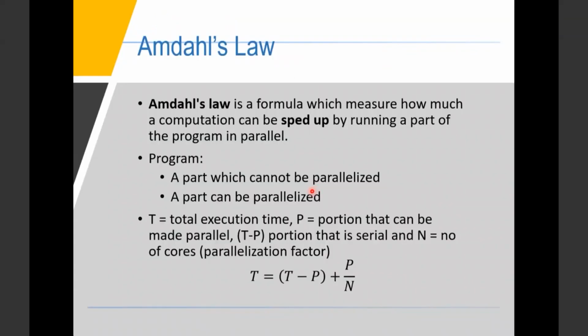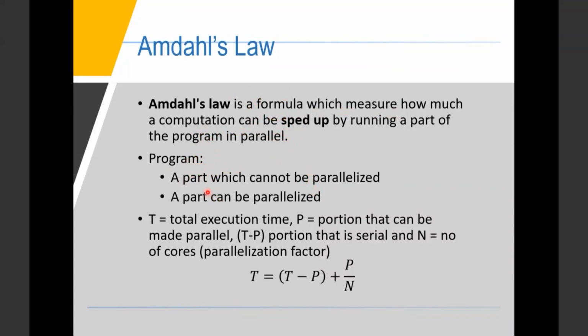So, Amdahl's Law is a formula which measures how much a computation can be sped up by running a part of the program in parallel. The program can be divided into two parts.